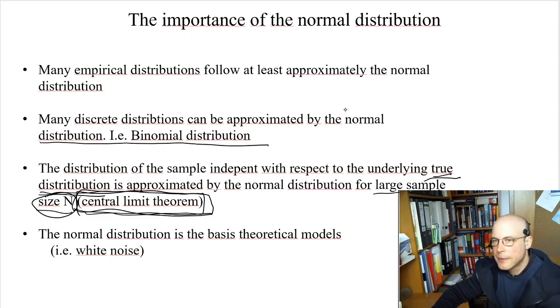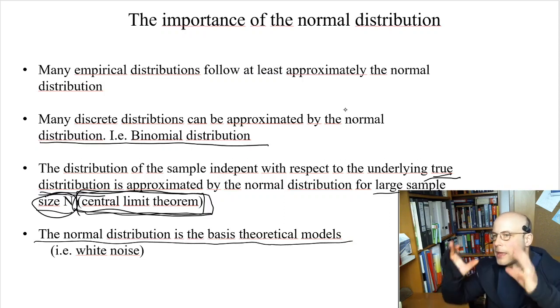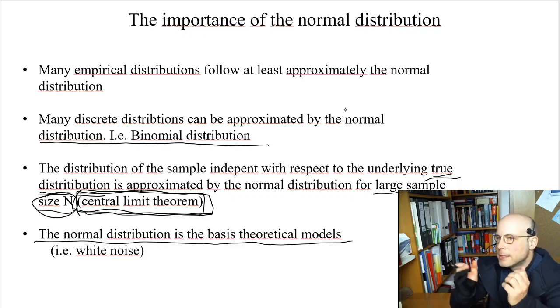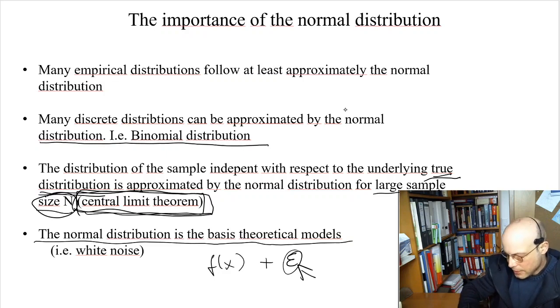And of course, in the end, the normal distribution is very often the basis for our theoretical models. If you have some external shock somewhere in your model, then you quite often write f of x plus some error term epsilon, and we quite often assume that this error term is normally distributed, and then we call this white noise.